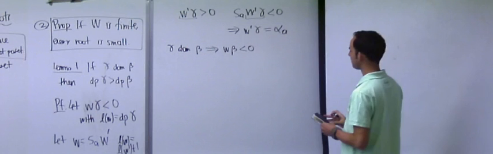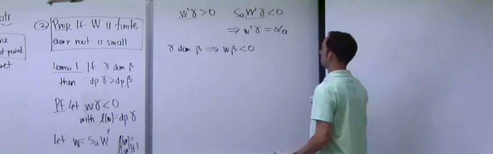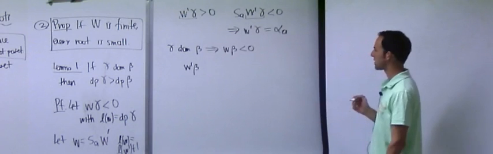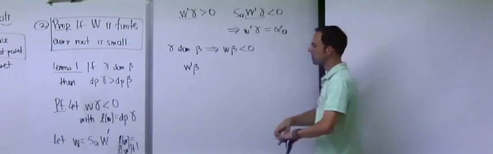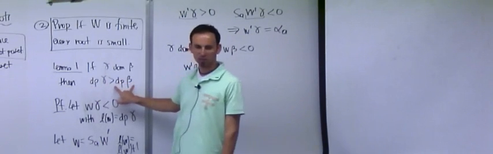Okay? Now, let's consider W prime beta. The point is this. What I'm trying to do is, I have some depth for gamma. I want to show that the depth of beta is smaller.